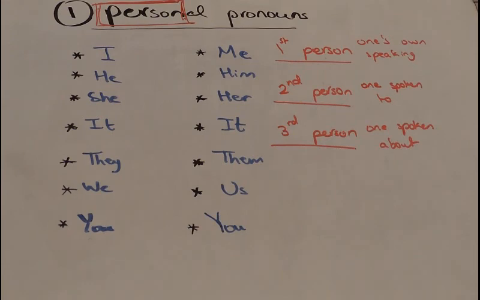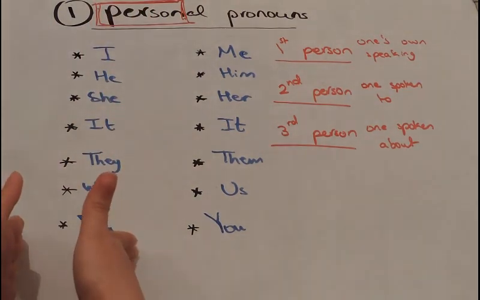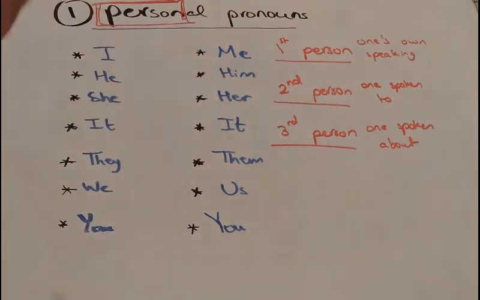Now, the following list shows, let's say, not all personal pronouns, but the basic ones: I, me, he, him, she, her, it, they, them, we, us, you. I'm going to tell you later what the difference is between this column and this. But for now, let's take each pronoun separately. For instance, let's take I and me. I'm talking about myself. I'm there.